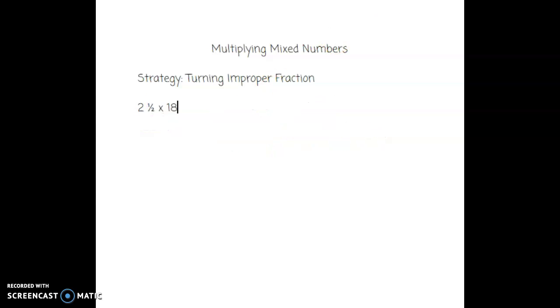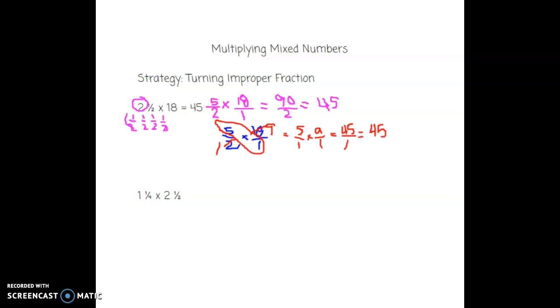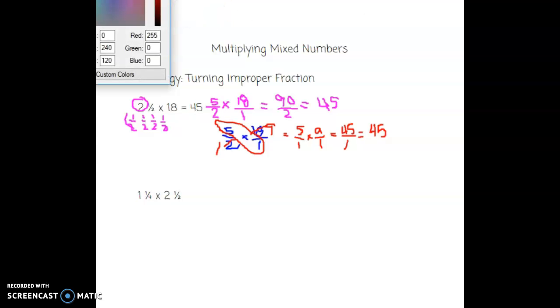So our second, I'm going to put the answer equals 45. And now our second problem was 1 1/4 times 2 1/2. I'm going to pull what we did up. And in order to do this, we're going to turn them both into improper fractions.